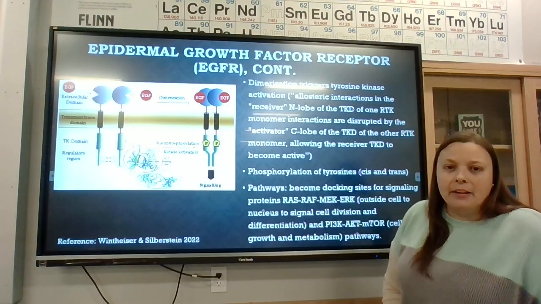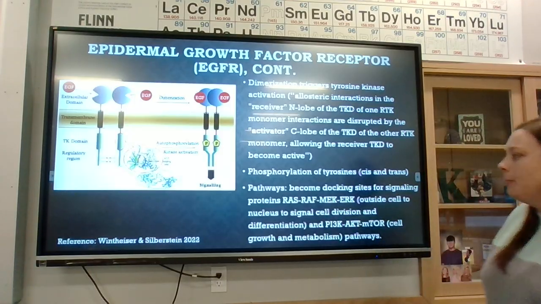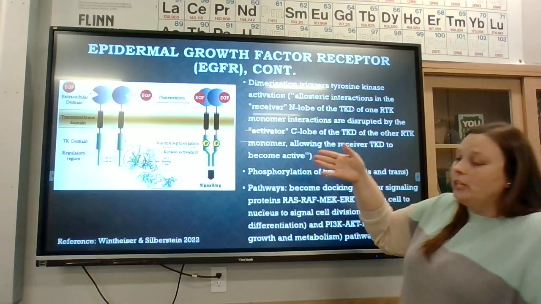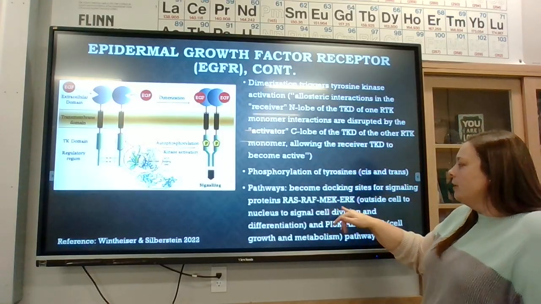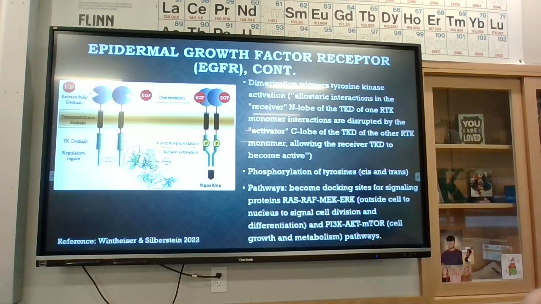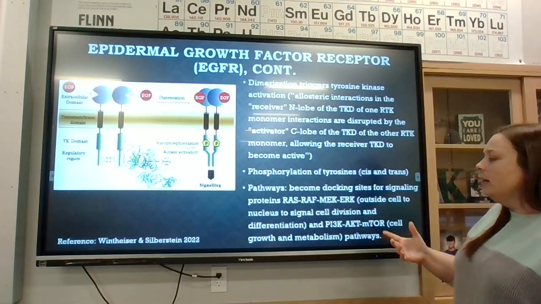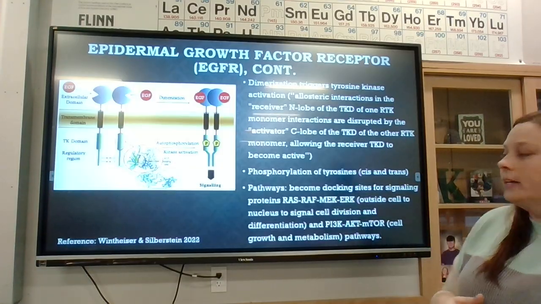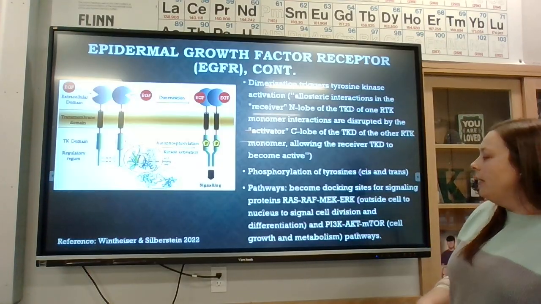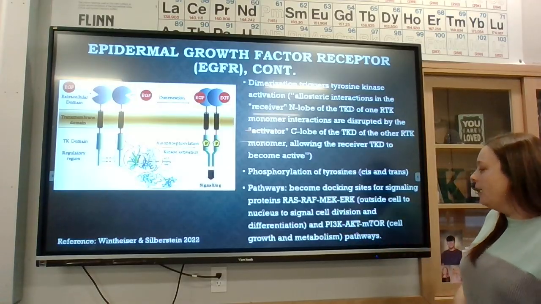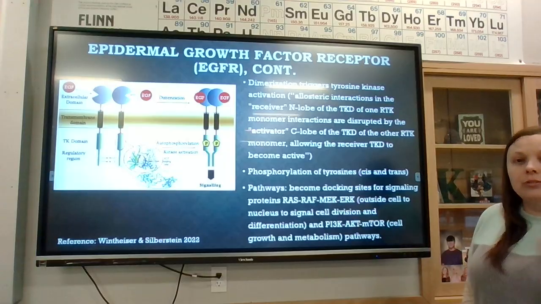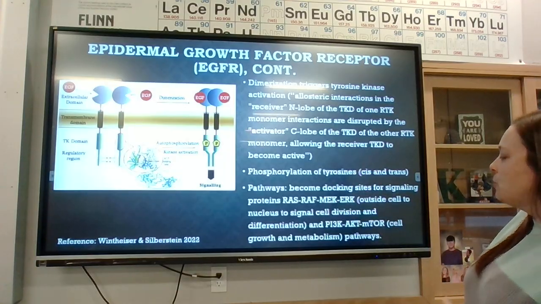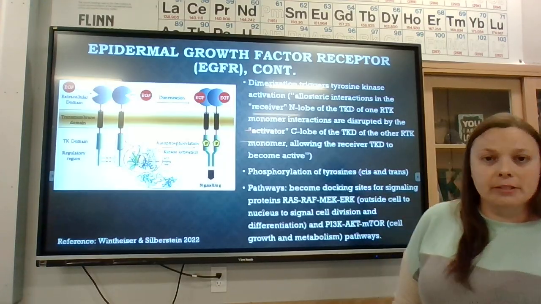There are a couple different pathways that you may see for the EGFR, and that is the RAS-RAF-MEK-ERK pathway, which sends signals to the nucleus to signal cell differentiation as well as cell division. And then there's also the PI3K-AKT-mTOR pathway, and that one is going to stimulate more cell growth as well as control the cell's metabolism.